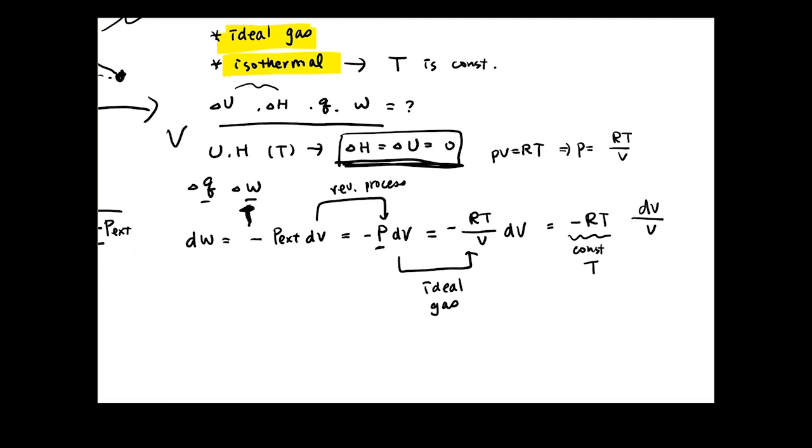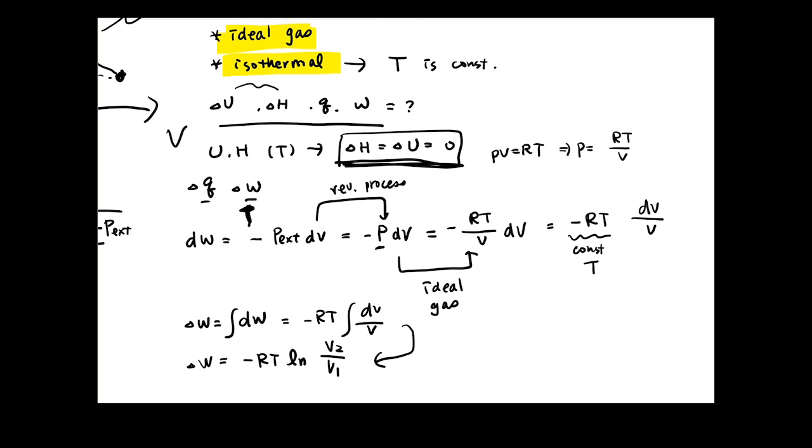Once you have this, you can calculate your delta W as simply the summation of your dW, which equals negative RT summation dV over V. And of course, once you do this, your delta W will simply equal negative RT natural log V2 over V1.